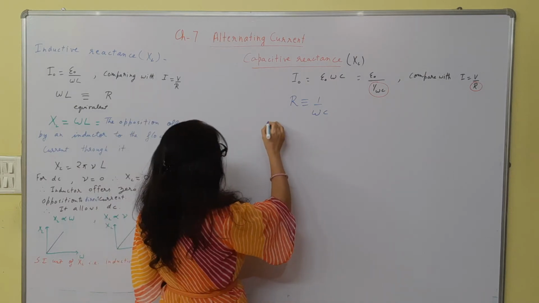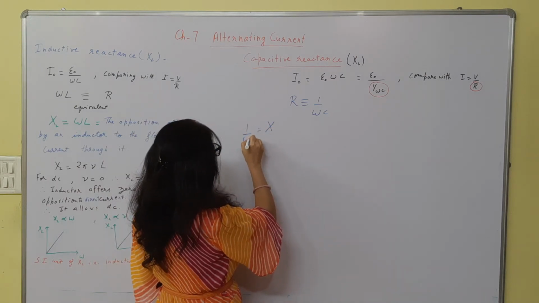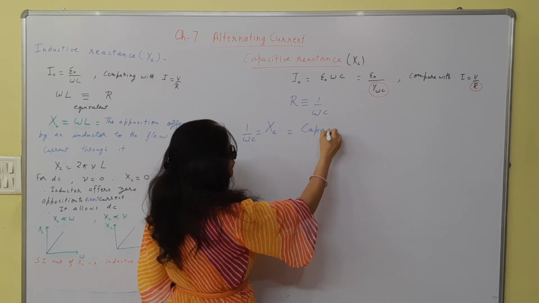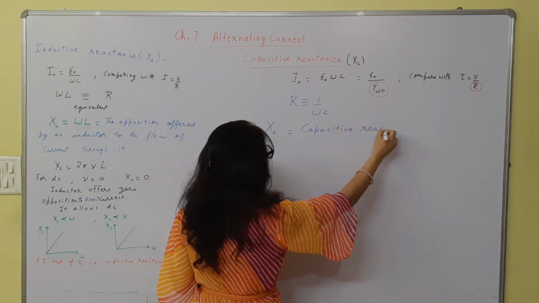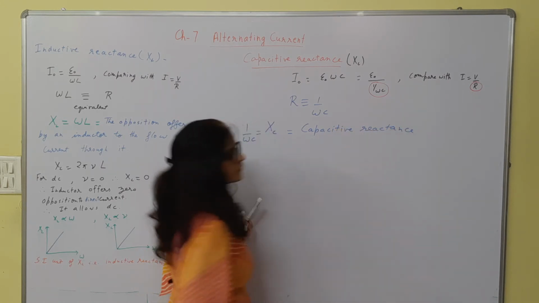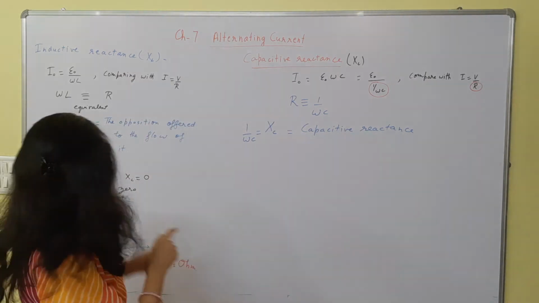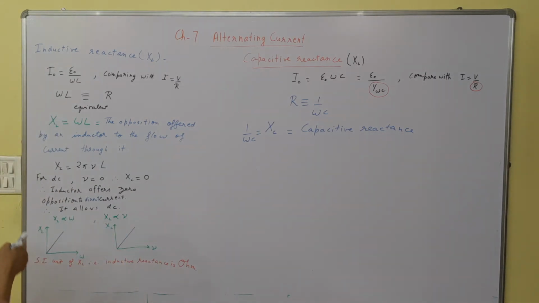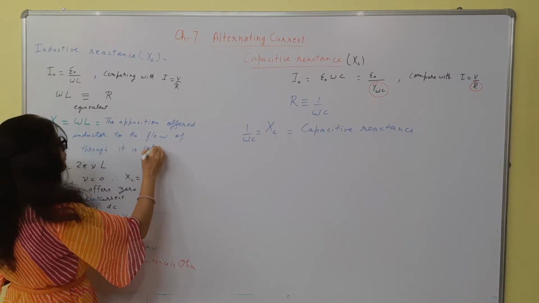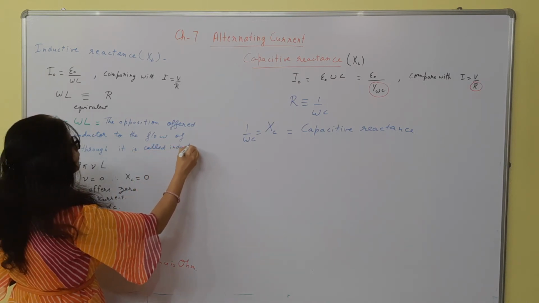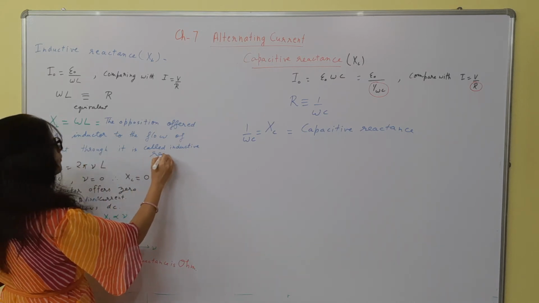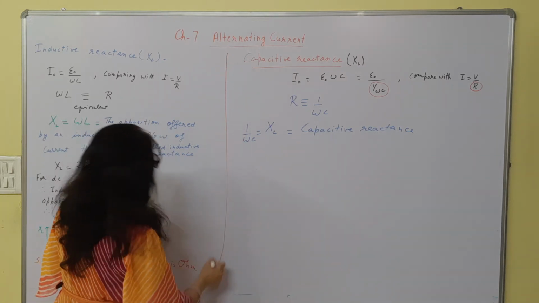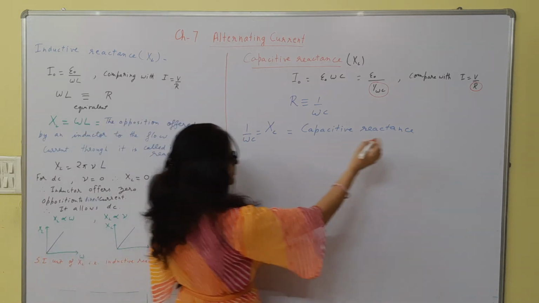So this 1 by omega C can be written as XC, which is actually capacitive reactance. And we can define it the same way as we had defined inductive reactance.